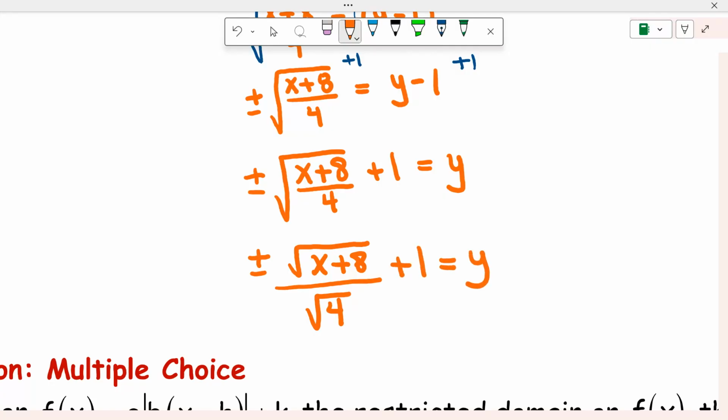And the only reason why they would do this is because the bottom is a perfect square. If that was a 3, we would be having this conversation. Okay. But since it's a 4, radicals, like I said, when they're fractions, as the radicand, you can break it up into separate pieces. That it is equivalent. So then you would have plus or minus square root of x plus 8, because that's an expression that won't simplify, all over 2 plus 1.